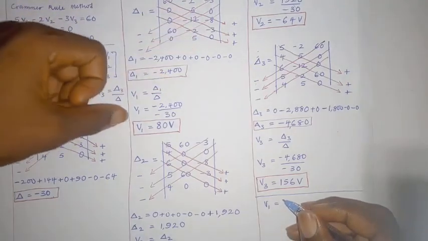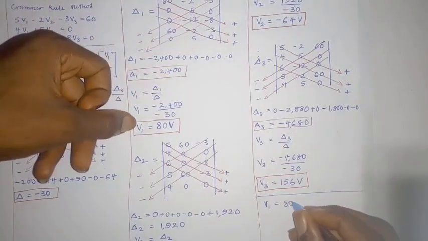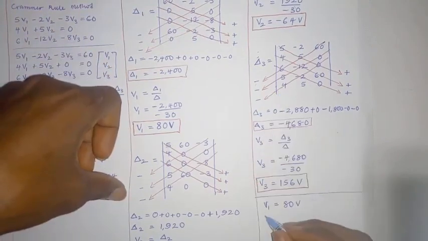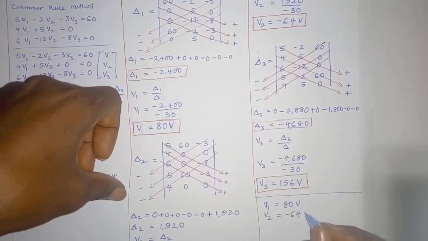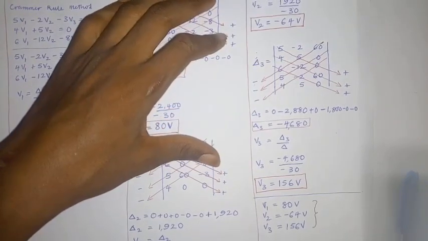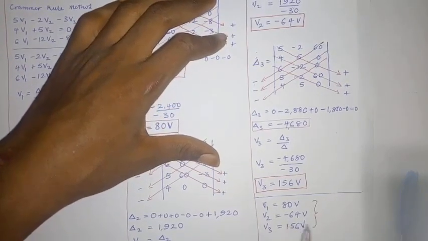Let's summarize everything. Our V1 is what? 80 volts. Our V2 is what? V2 is minus 64 volts. Then our V3 is what? 156 volts. Bear that in mind. This is all the voltage that we need in the circuit.